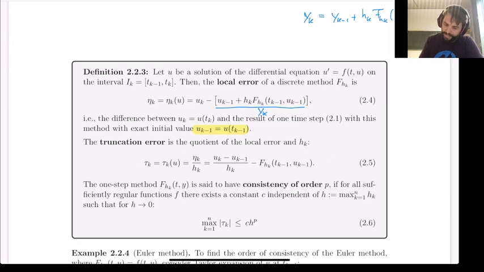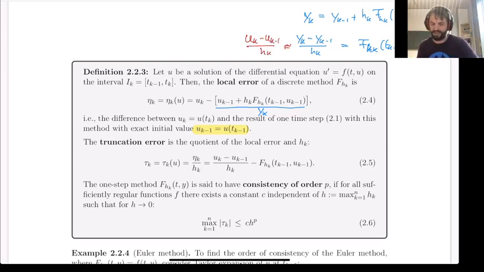If I think of this as a finite difference quotient, you've got (y_k minus y_{k-1}) divided by h_k on one side, and f_{h_k}(t_{k-1}, y_{k-1}) on the other. If I put the true solution u_k and u_{k-1} in here, then this is not exact anymore.